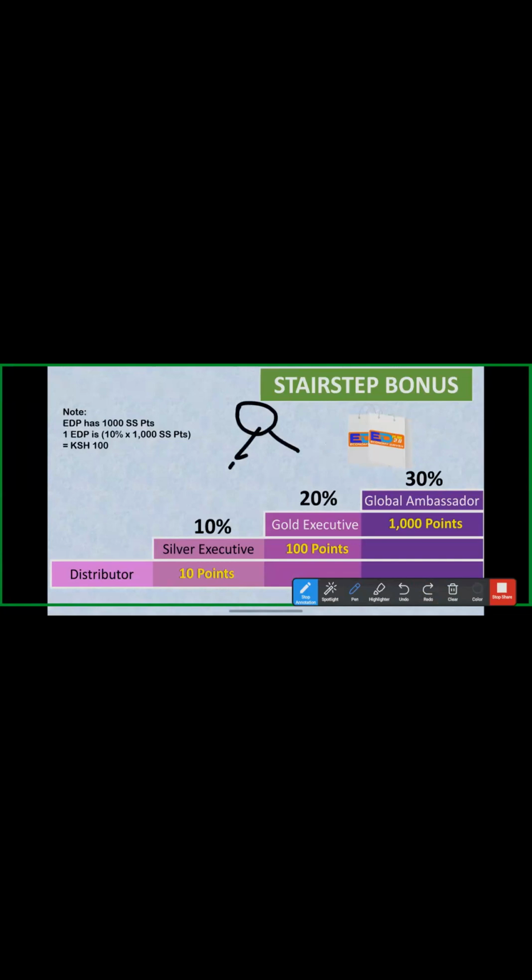Let's say this is Victor, then you have Christine, then you have, let's say, Abigail there. Now if this is Victor and this is Christine, I'm assuming you are already understanding that by now this is a team. When I draw Christine, I am not drawing Christine alone, I'm drawing Christine and her team. I'm also drawing Abigail and her team. Now let's say Abigail registers someone here and Victor is a silver executive.